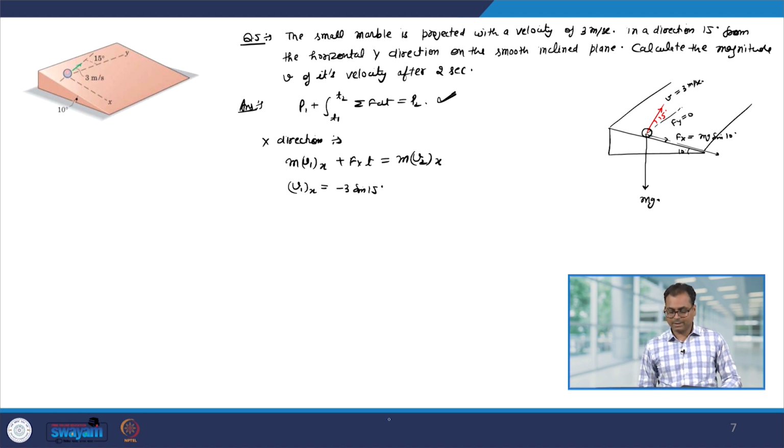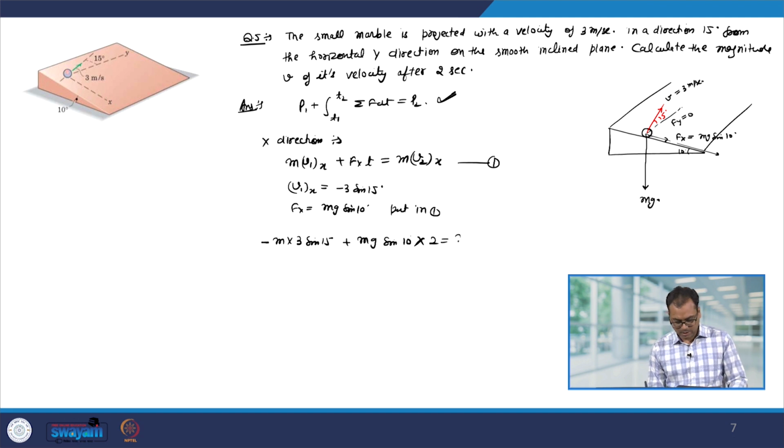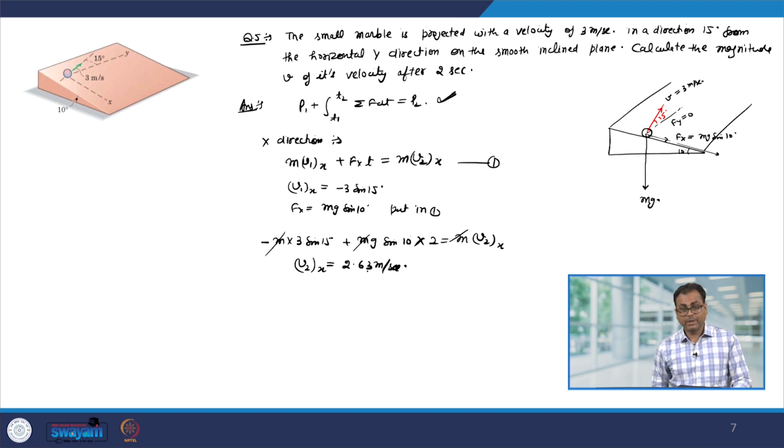Fx is mg sin 10 degree. So, let us put this in equation number 1. We have m into 3 into sin 15 degree with minus sign plus mg sin 10 degree into 2 second equal to m v2x. m will get cancelled and we have v2x equal to 2.63 meter per second.